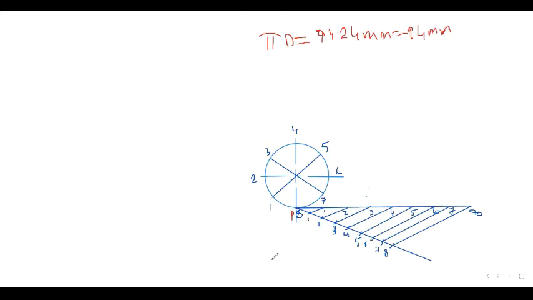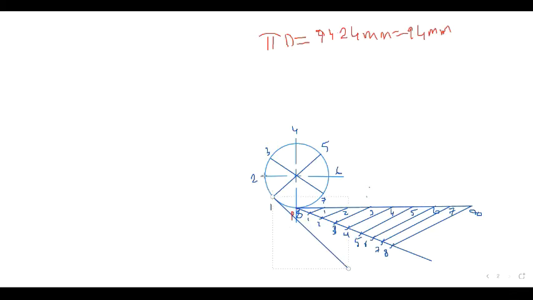So how can you draw the tangent? Suppose at 1, suppose this is 45 degree. Now here if we draw with the horizontal line another 45 degree, then we get the tangent. So here we draw the tangent.